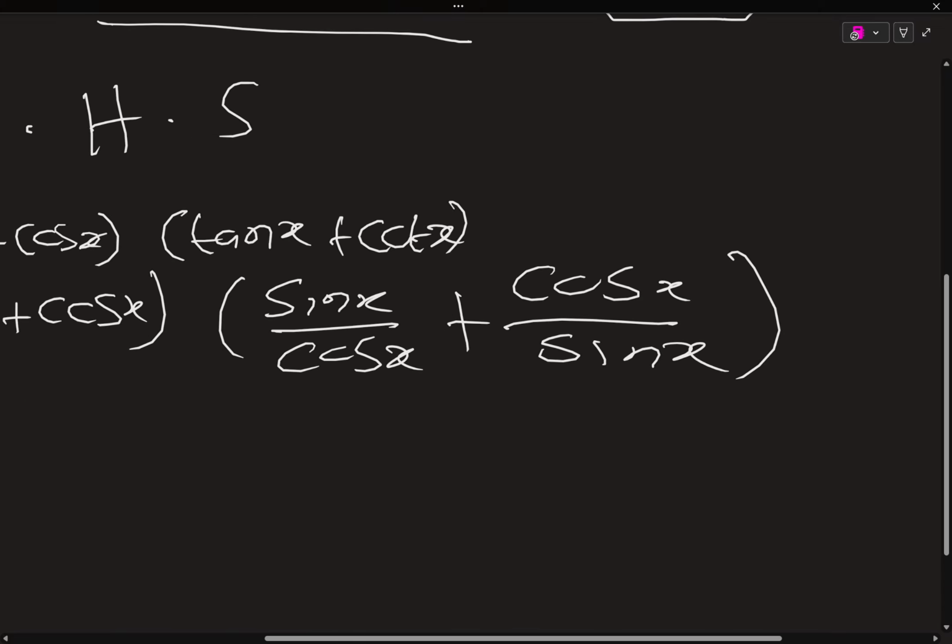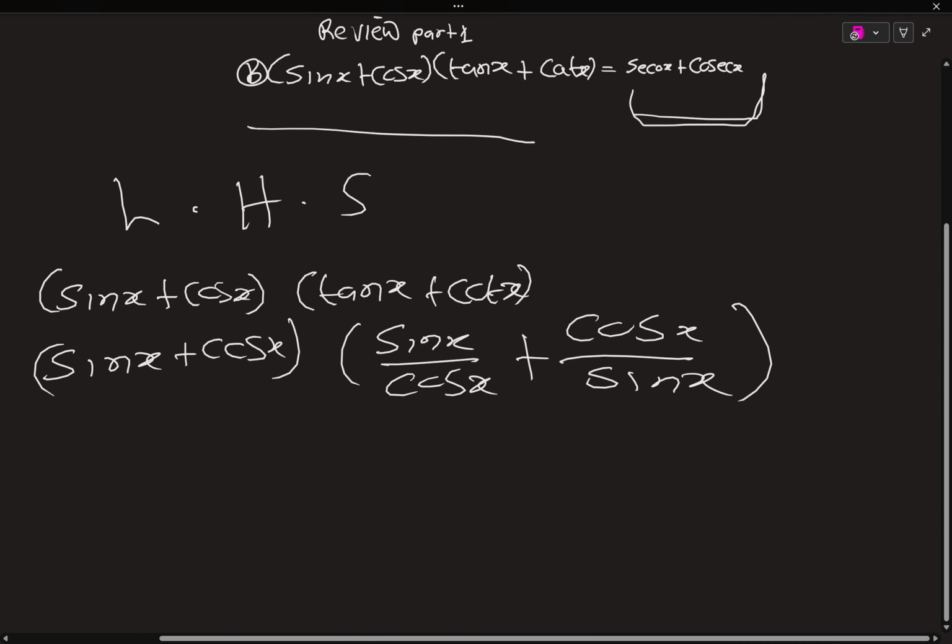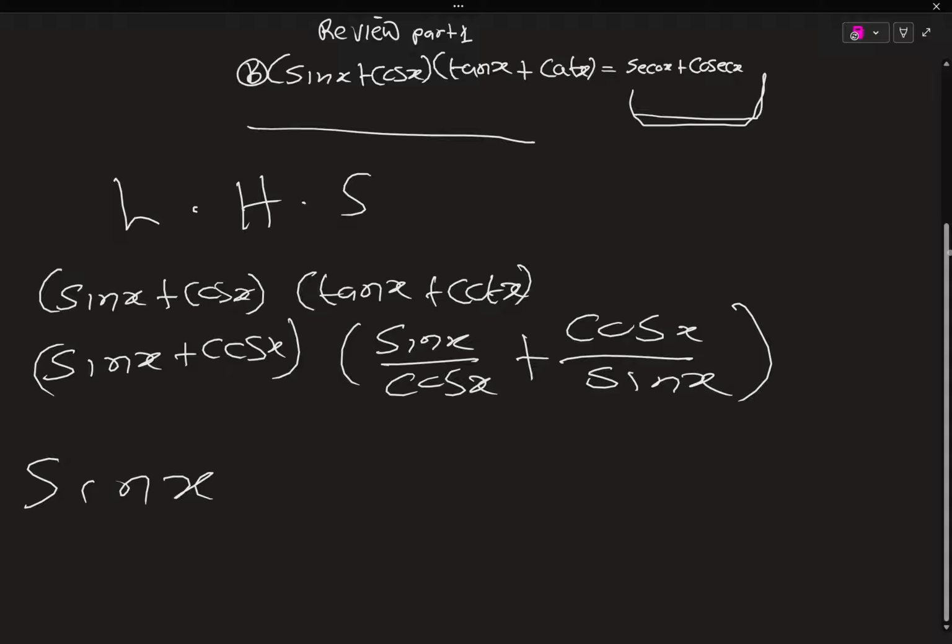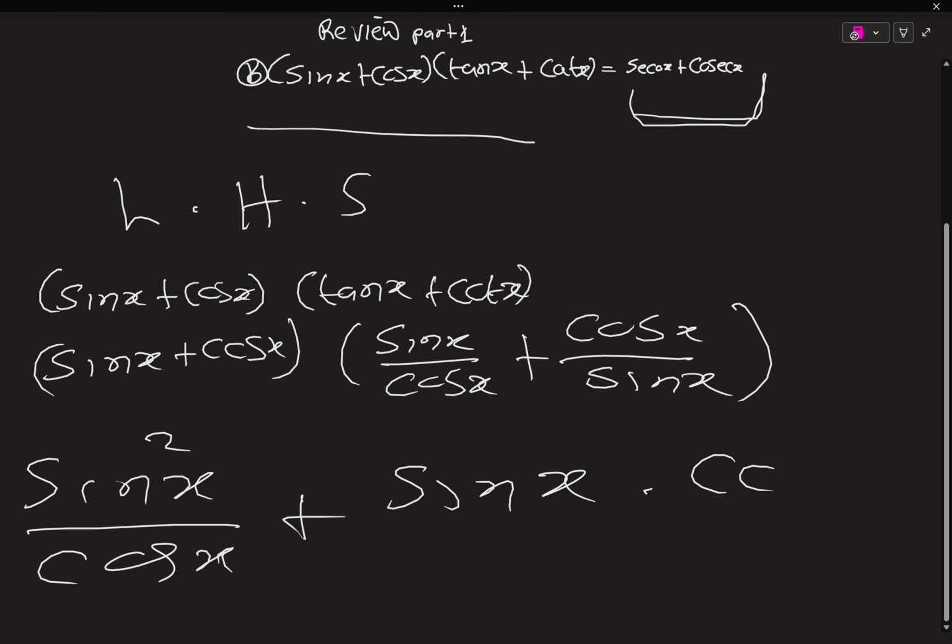Very simple. So now let's multiply this by what is in there. We'll start with sin first. Sin multiplied by sin over cos is sin squared over cos, right? Then sin times cos over sin is simply sin x multiplied by cos x over sin x.